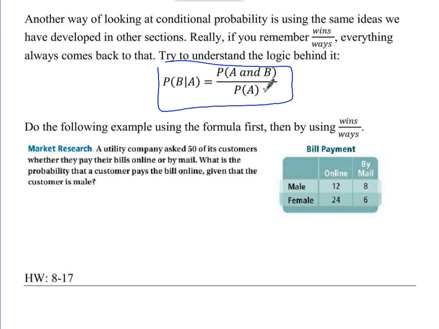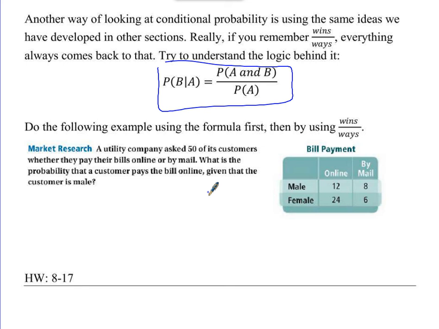So how do I find the probability of A and B? We learned that last time in the last section. It is wins over ways, but you multiply them together. You find the probability of event A, and you multiply it times the probability of event B. So in this problem, we've got to figure out what event A and what event B are so we can find those probabilities.